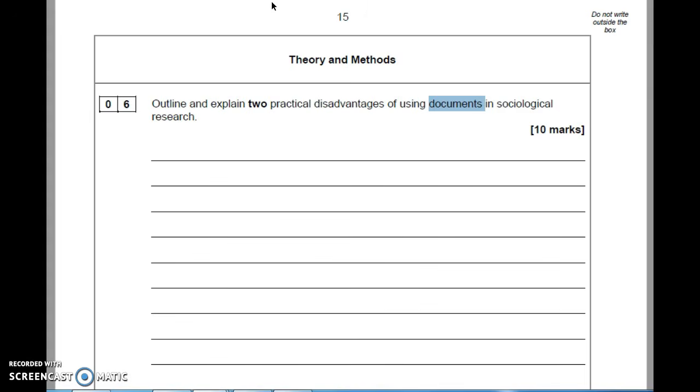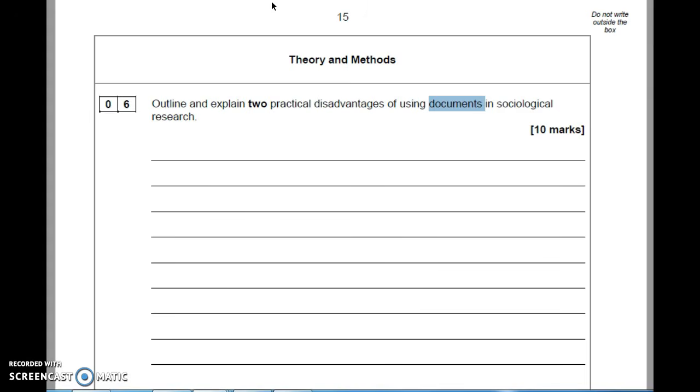You could then also develop Thomas and Znaniecki because they were Polish immigrants in America, so there might be problems of translation, which means that it might not translate easily into English, so the meanings might be lost within the translation, which in analysis could reduce the validity of the research.